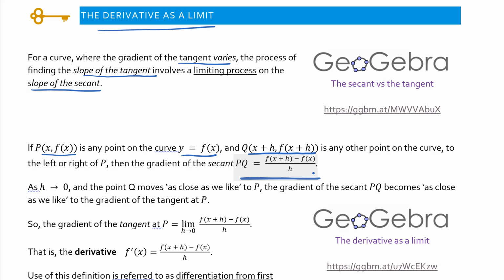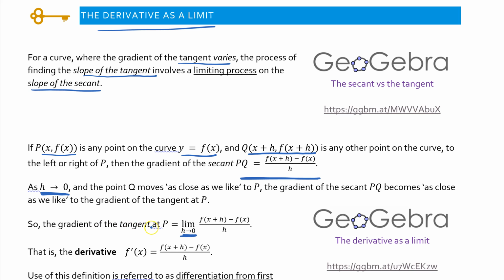But of course, when we take x2 minus x1, that's x plus h minus x. And that's going to give us h on the bottom. Now, we want to bring those 2 points closer together, so that means that we want to take h to 0. And we know that the description for moving Q as close as we like to P is that we take the limit as h tends towards 0.